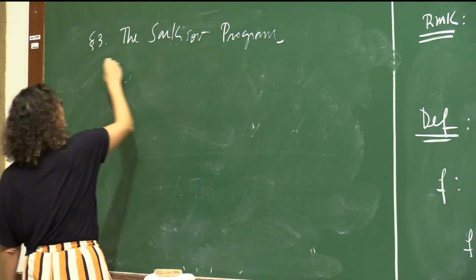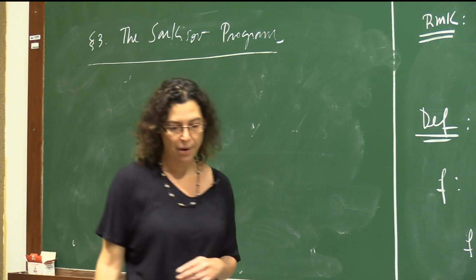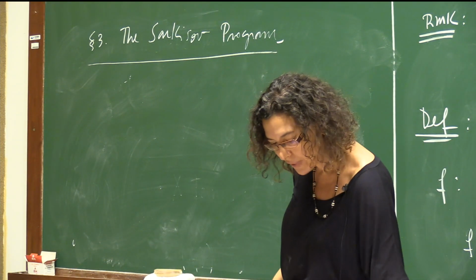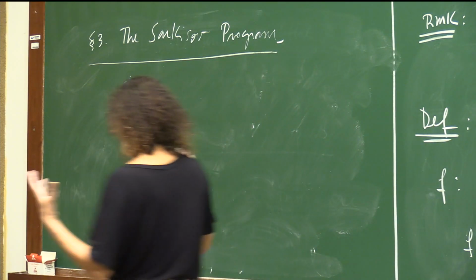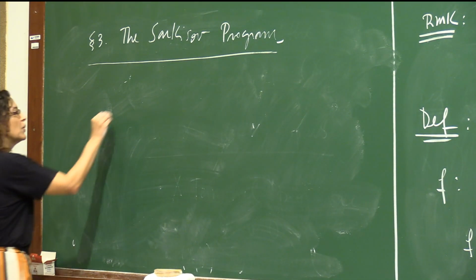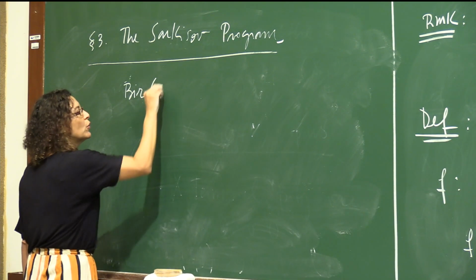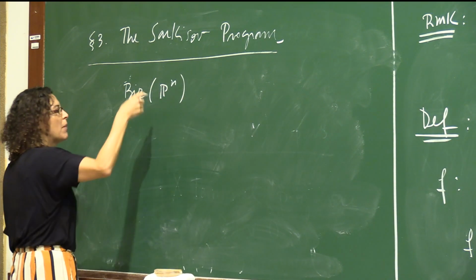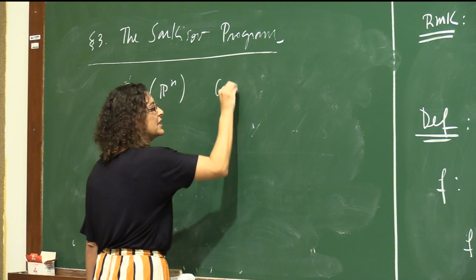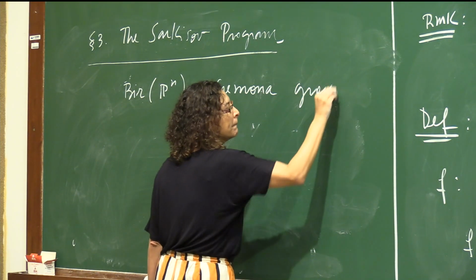Then I will explain how we can use this to study the birational geometry of Calabi-Yau pairs. To start in a concrete way, let me start with the classical Cremona group, the group of birational self-maps of P^n. This is classically called the Cremona group.